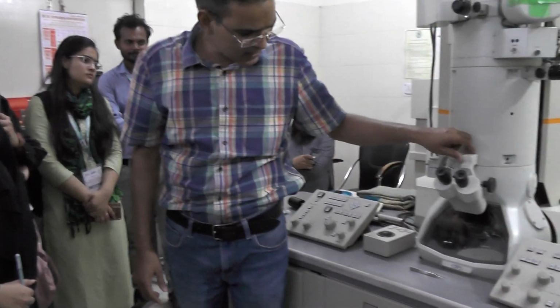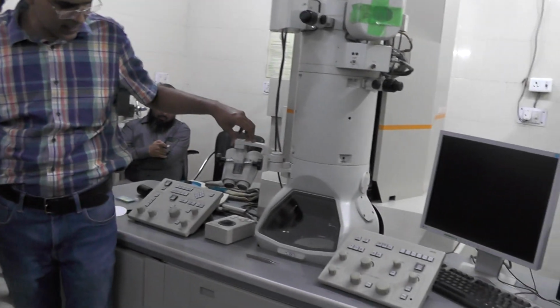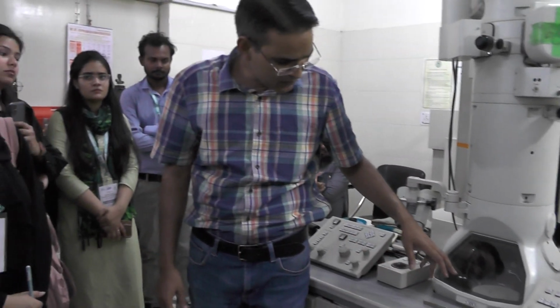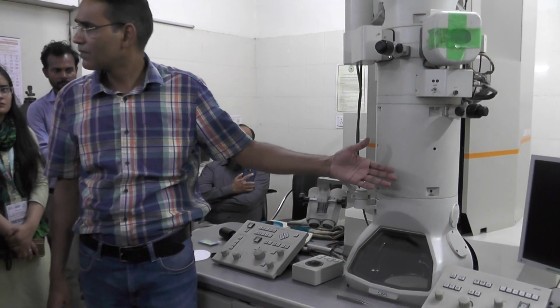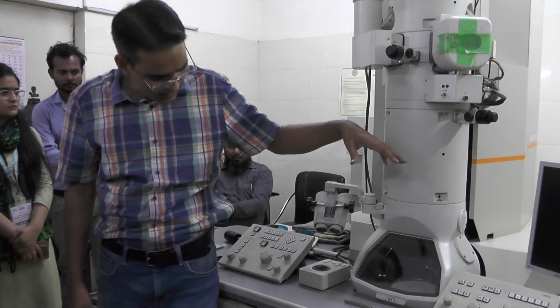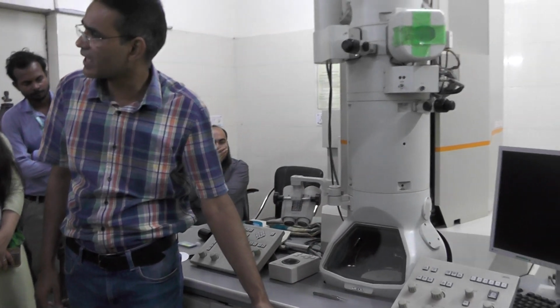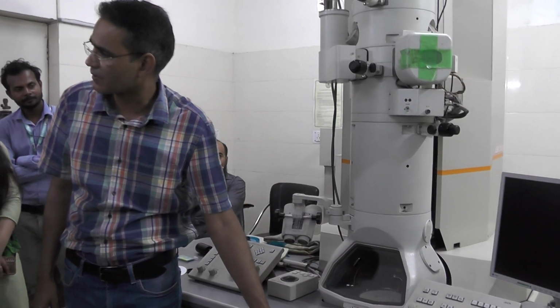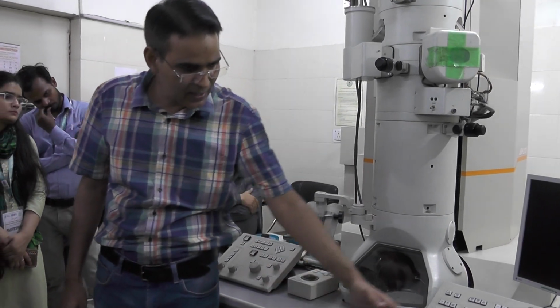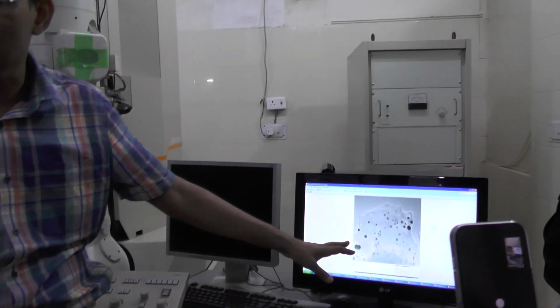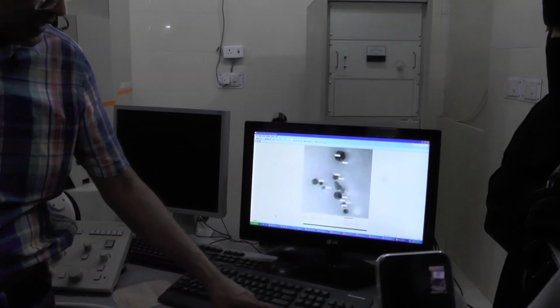If we feel the sample quality meets our requirement, then we can lift this plate and the image can form directly on the CCD camera, the charge coupled device camera. The image can be captured on the screen like this. So these are a few examples.